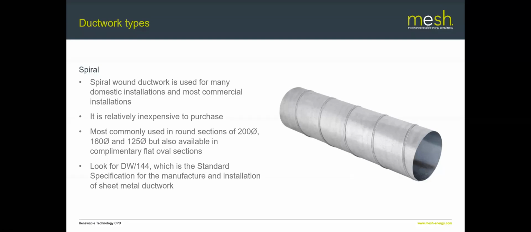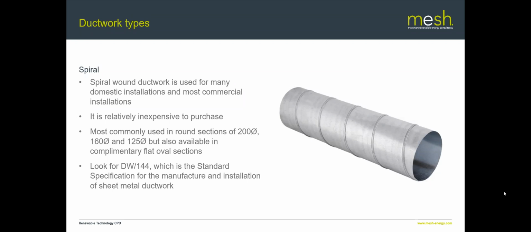Skilled duct workers are absolutely amazing with the things they can do with this ductwork. It's typically available in round sections. The cheapest way of buying it is in round sections, but there are flat oval versions available as well. People like Hotchkiss Design do rather nice flat oval ductwork.